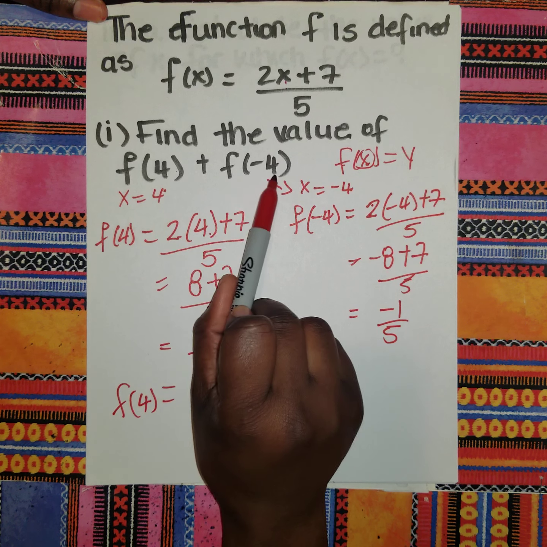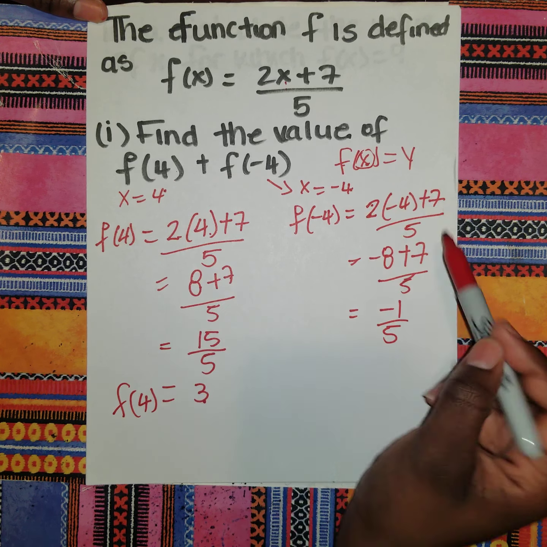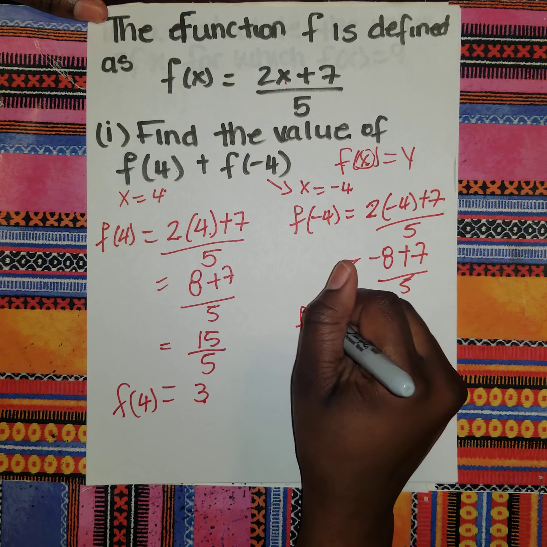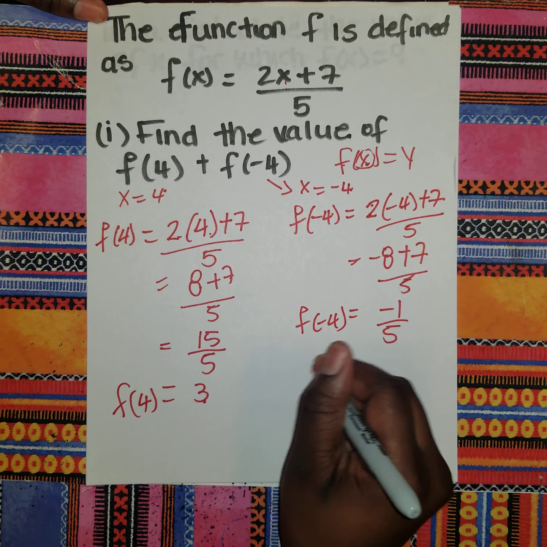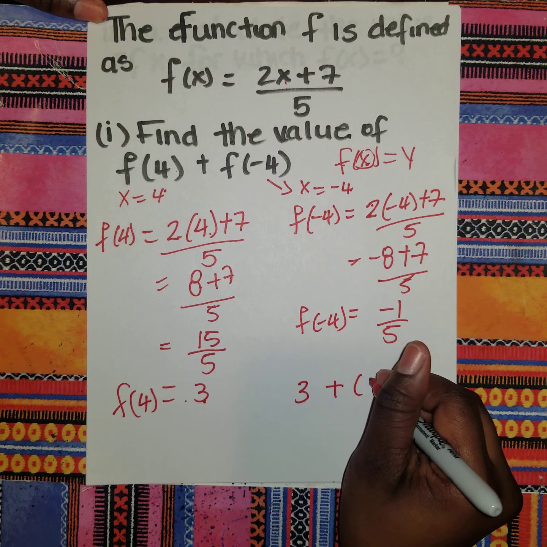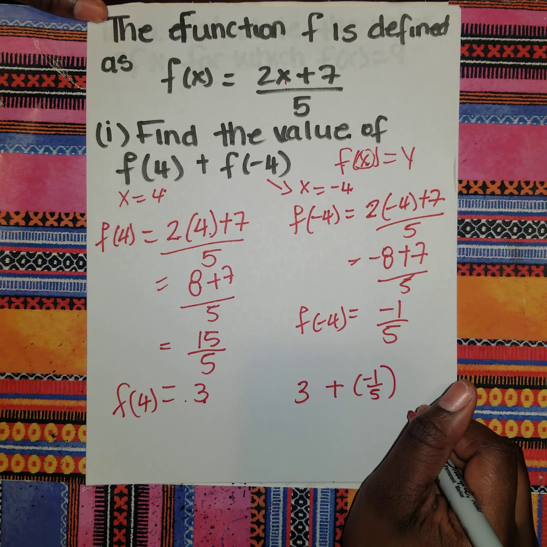So the initial part of the question is asking us to find f of 4 plus f of negative 4. If you add f of 4, which is 3, plus f of negative 4, which is negative 1 over 5, you can easily do this, guys.